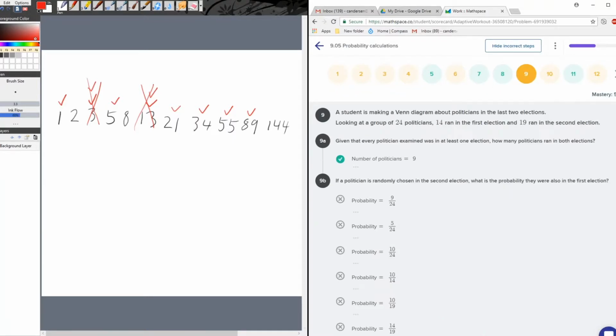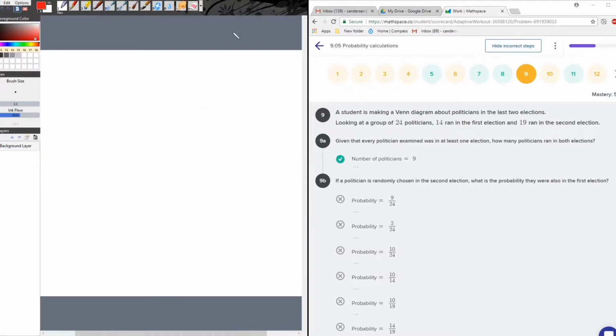So let's have a look at this one. The student is making a Venn diagram about politicians in the last 2 elections, looking at a group of 24 politicians. So we know that there's 24 politicians. 14 ran in the first election, and 19 ran in the second election.